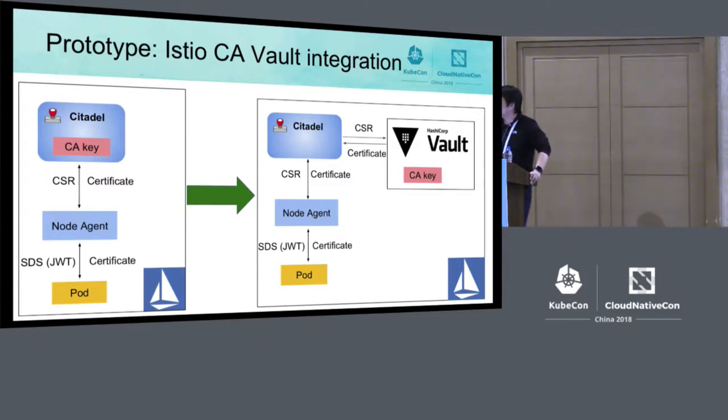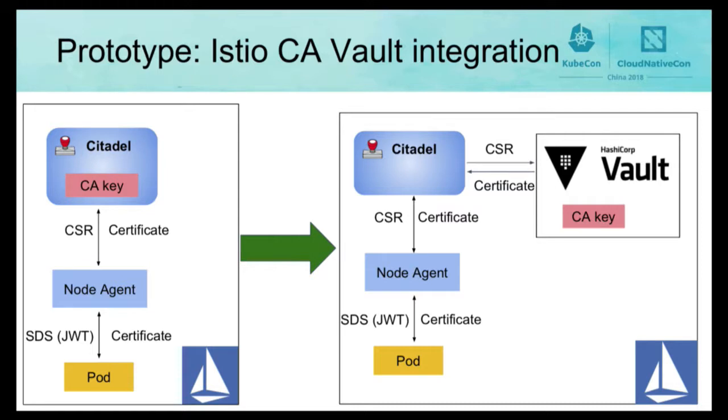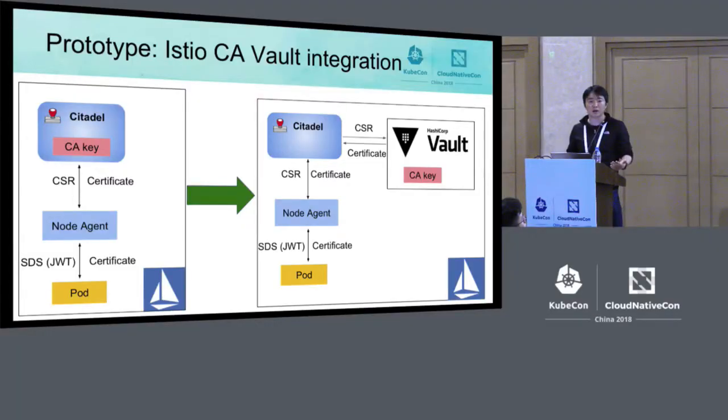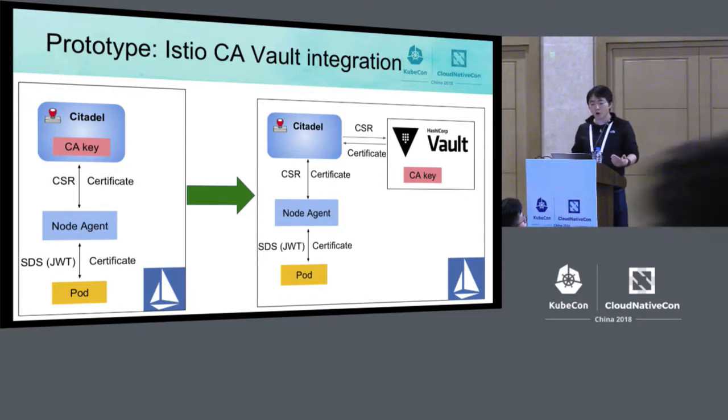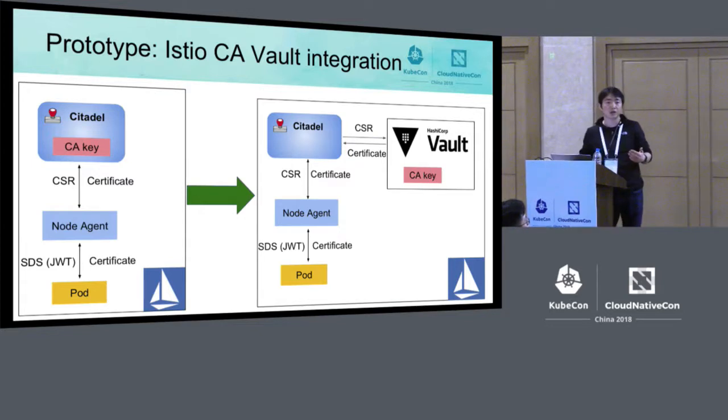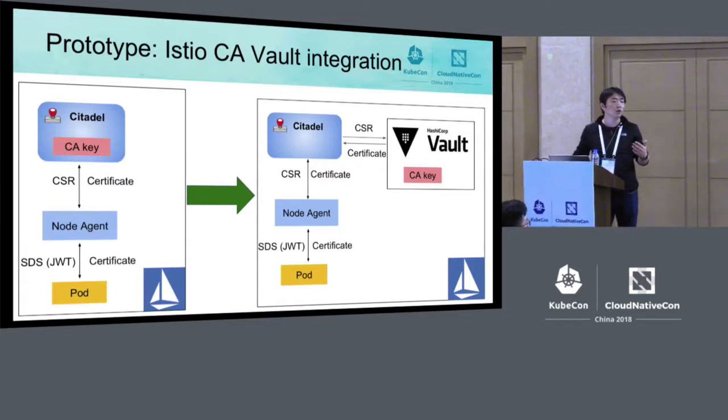Thank you, Oliver, for introducing the Istio certificate management architectures and different designs. So here I will use Vault as a prototype to demo how Istio CA can be integrated with an external CA to issue certificates inside the Istio. And this work will allow an organization to plug in their own CA.